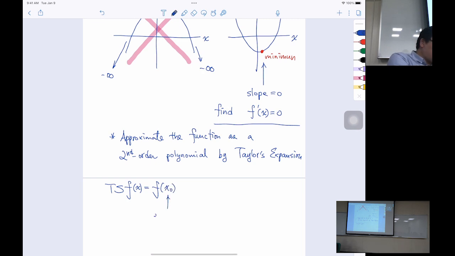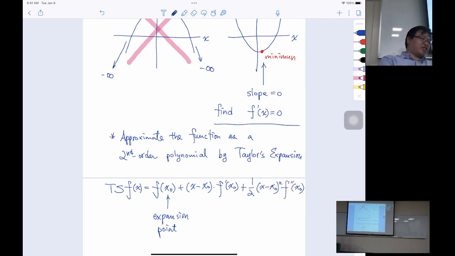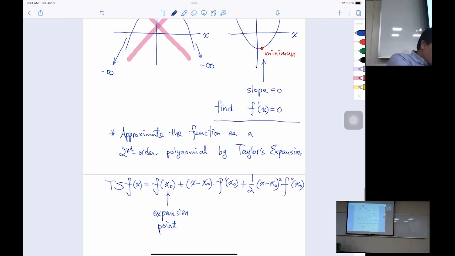We can say this is the expansion point, plus x minus x0 times f prime of x0, plus 1/2 of x minus x0 squared times f double prime of x0, right? That's Taylor expansion up to the second order. We ignore the higher order terms. So this is a second order Taylor expansion.